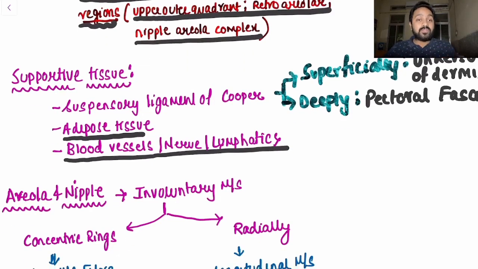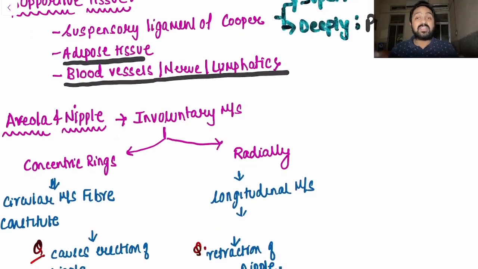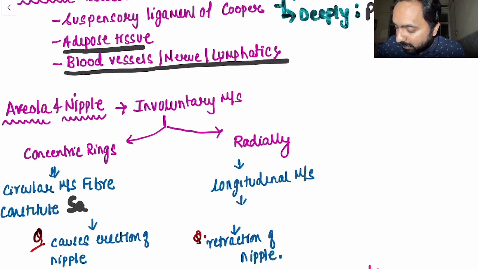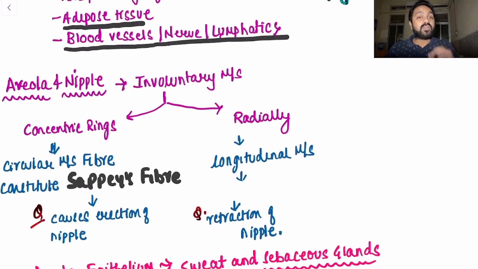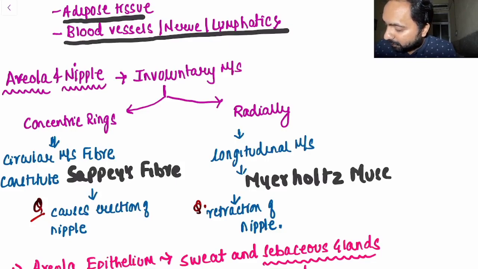Now coming down to the areola and nipple, there are involuntary muscles arranged in the form of concentric rings. These are the circular muscle fibers which constitute what? Your Sappey's fibers. Now these are responsible for causing erection of the nipple, another very important MCQ. Then radially there are longitudinal muscles which are known as your Meyer-Hall's muscle.